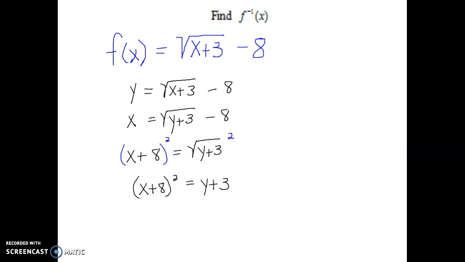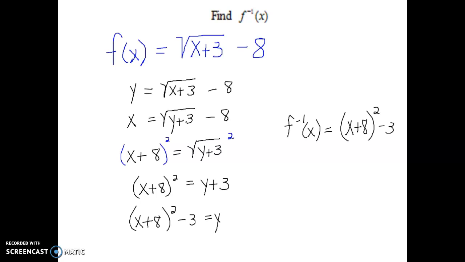Because I'm squaring both the x and the 8 together, I need to use grouping symbols. So make sure you have parentheses included. It changes the meaning if you don't have that. And last I would subtract 3. So if you notice in my final inverse function, x plus 8, that quantity squared, then the subtract 3 is behind it.